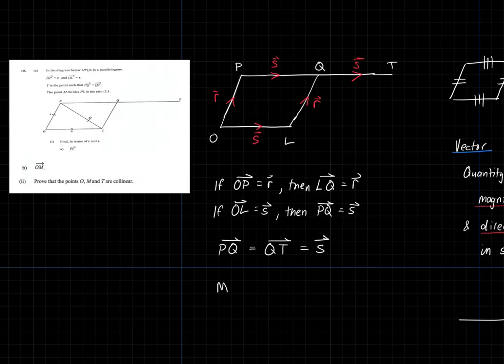We're told that the point M divides PL in the ratio 2 to 1. So M divides PL in the ratio. So P to M, PM to ML will have the ratio 2 to 1.